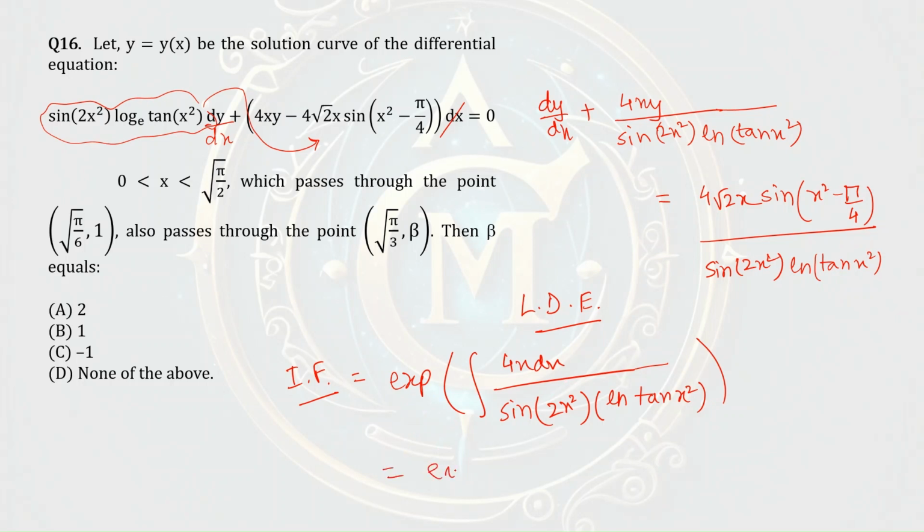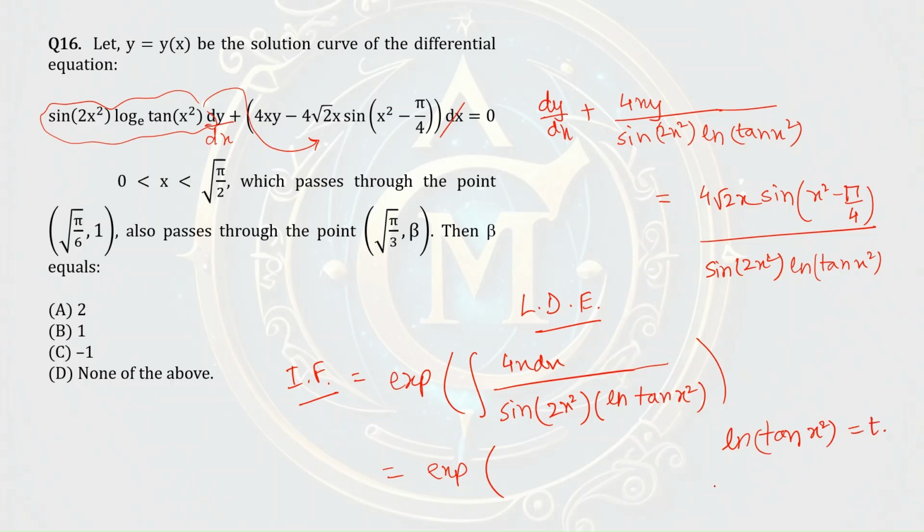So this becomes exponential. Then how to integrate this expression? We simply put log of tan of x square equal to t.